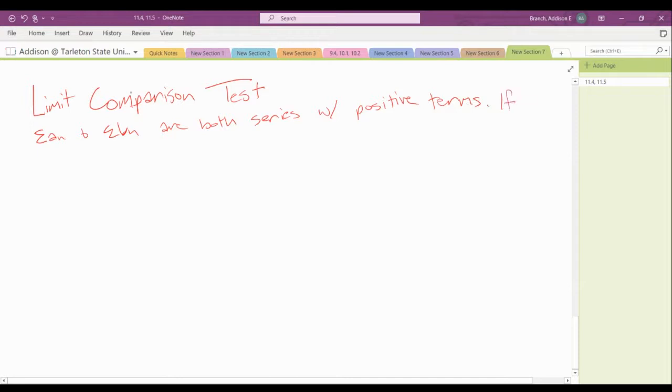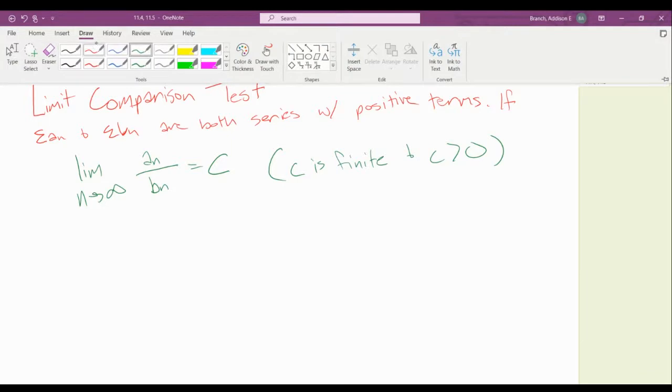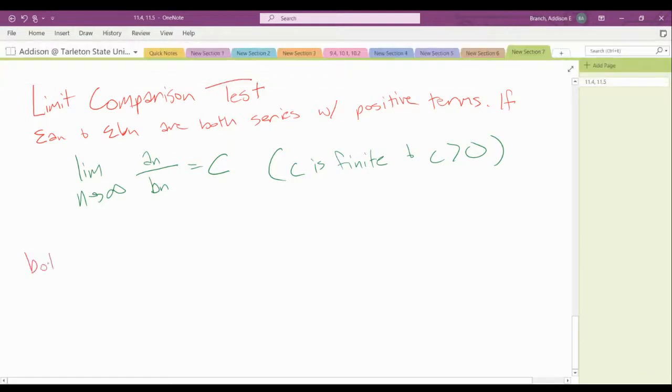So if we get a form such that the limit as n approaches infinity of a sub n over b sub n is equal to c, and c is a finite number and is greater than 0, then both series converge or both series diverge.